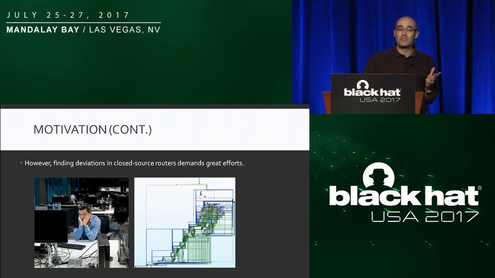So we would like to find those hidden deviations, but doing so demands a lot of effort. We need to get the binary code of the router. We need next to reverse engineer the code, and then compare the functionality with that of the standard protocol, and it's a lot of hassle.